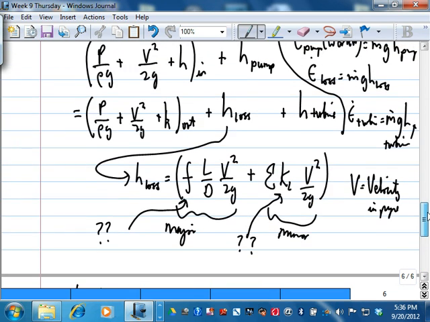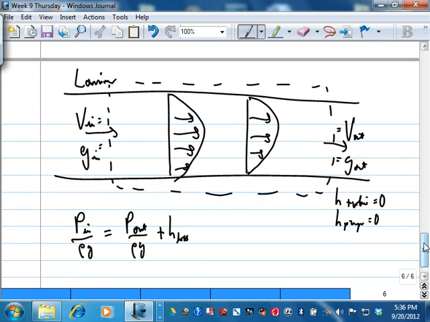The velocity is gone. g is obviously the same. The head in and head out are the same, straight length of pipe. We are left like this. In this particular case, KL equals 0.